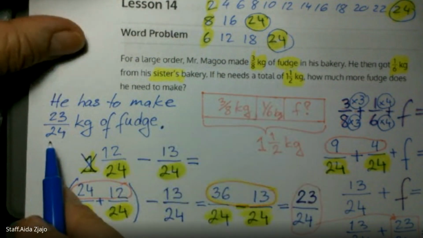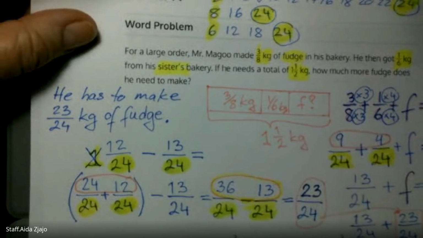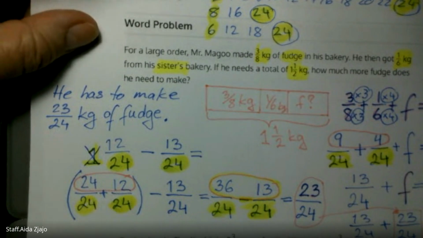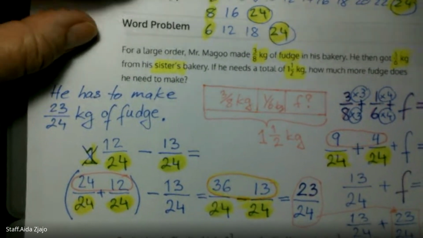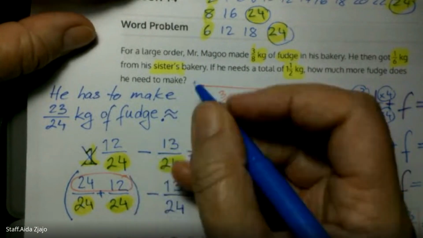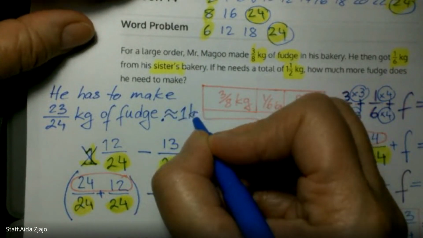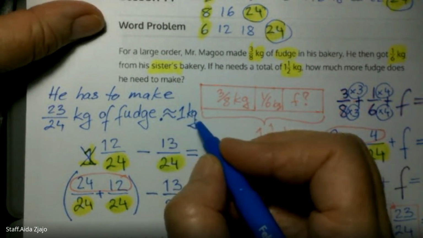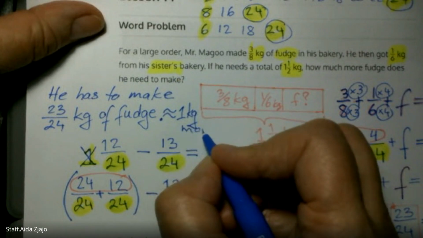That is about 1 whole kilogram. 23/24 is just 1/24 less than a whole kilogram, so we can say he needs to make about 1 kilogram more of fudge.